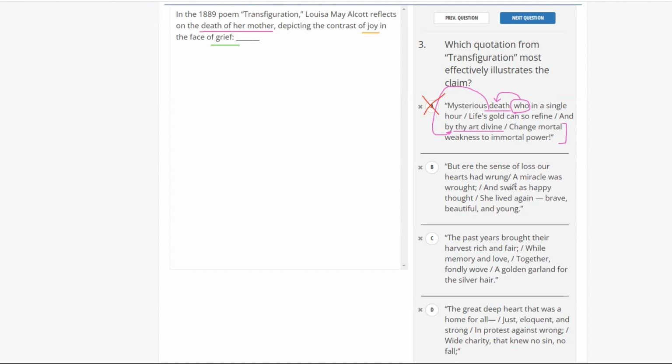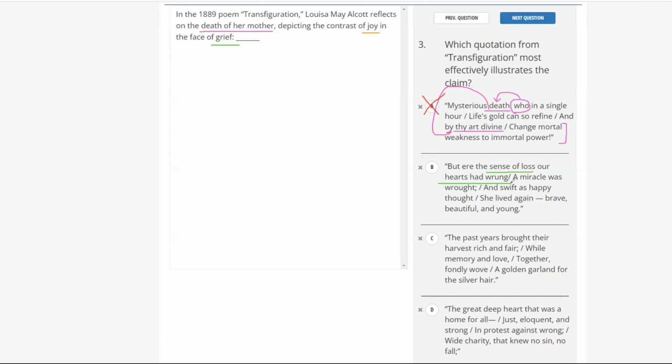Well, starting from the top, but ere the sense of loss, a sense of loss, that's sadness, our hearts had wrung. That sounds a little bit odd, but the sense of loss our hearts had wrung probably means the sense of loss our hearts had felt.